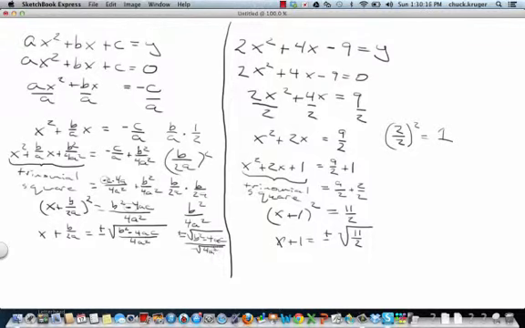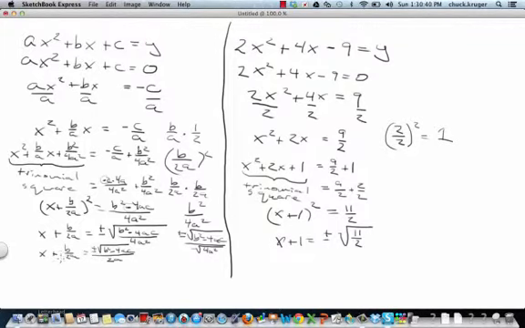And I know the square root of 4 is 2, and the square root of a squared is a. So now I have x plus b over 2a equals plus or minus the square root of b squared minus 4ac, all of that over 2a.